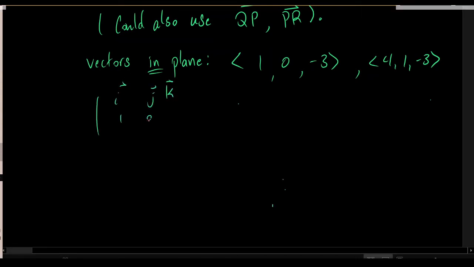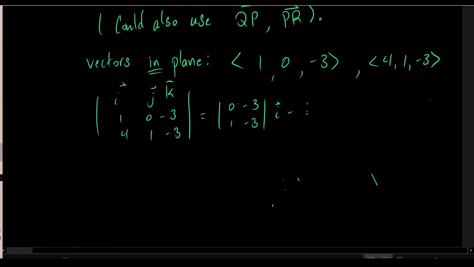i, j, k, 1, 0, minus 3, 4, 1, minus 3. For the x component, we have the determinant of 0, minus 3, 1, minus 3. Then subtract the determinant of 1, minus 3, 4, minus 3. Then add the determinant of 1, 0, 4, 0.